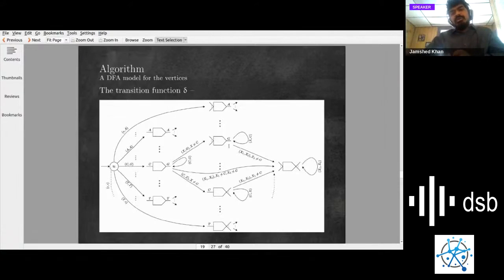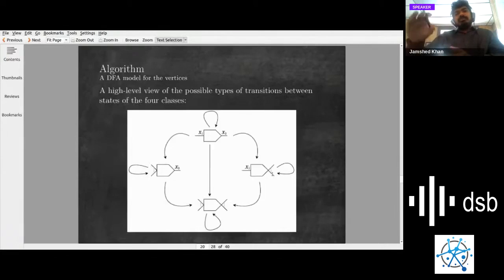And as long as we keep seeing the G encoded edge at the back, this automaton remains in this state. And if later we see something else other than G, this automaton will transition to this last dead end state, which is multi-in, multi-out. So that's one hypothetical scenario that one k-mer might follow during our graph traversal. This is a very high-level overview of the possible transitions between the 4 state classes.